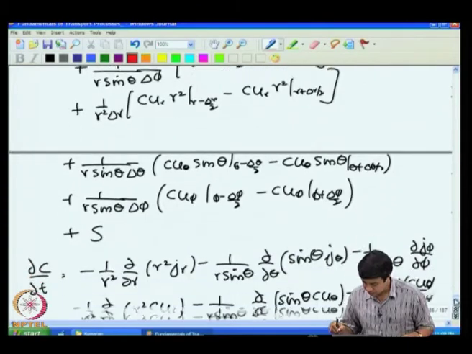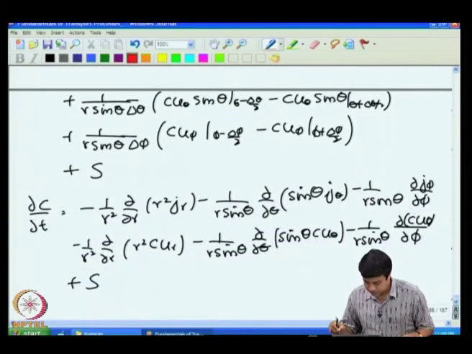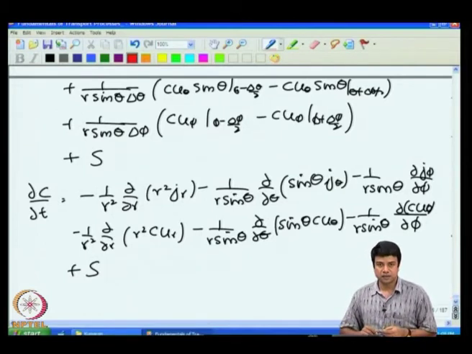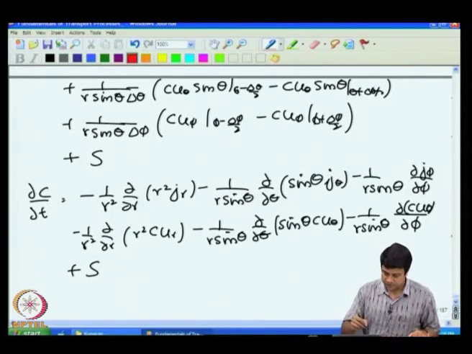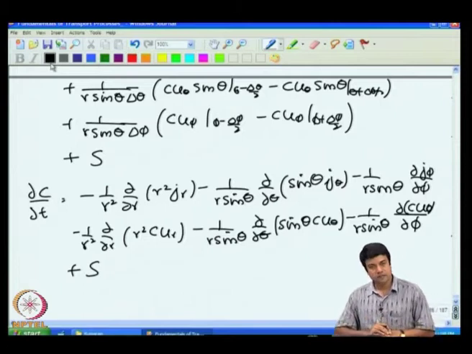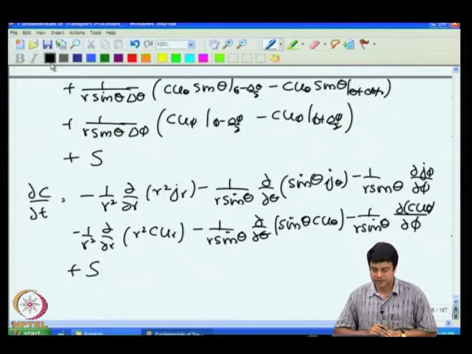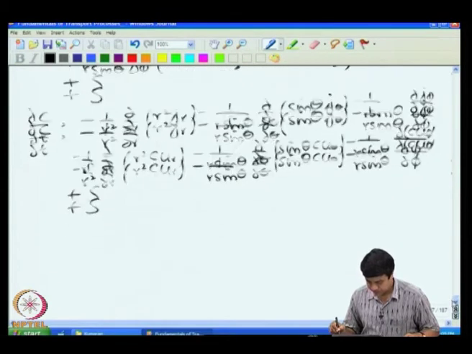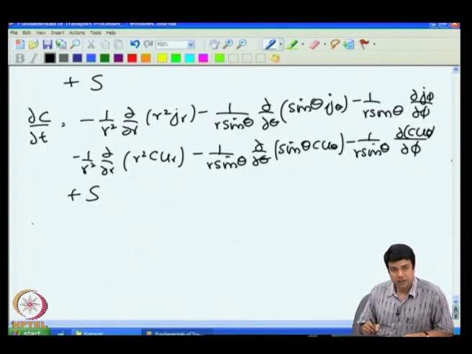And once you take the limit delta r going to 0, delta theta going to 0, delta phi going to 0 and delta t going to 0, you get this equation for the concentration field. I can rewrite this equation a little bit. I take the convective terms to the left hand side as usual.